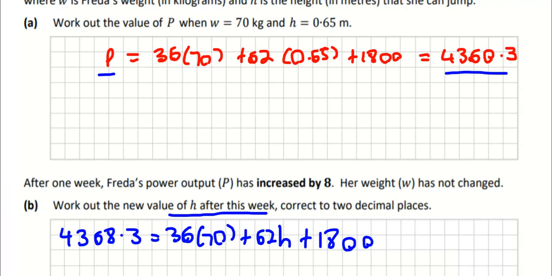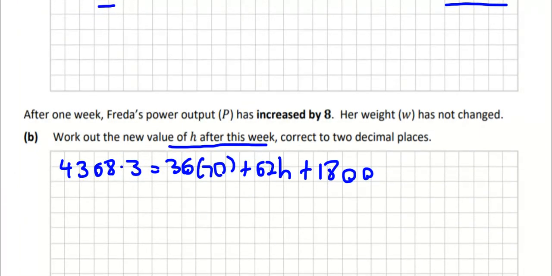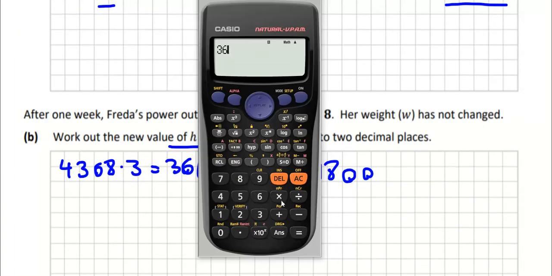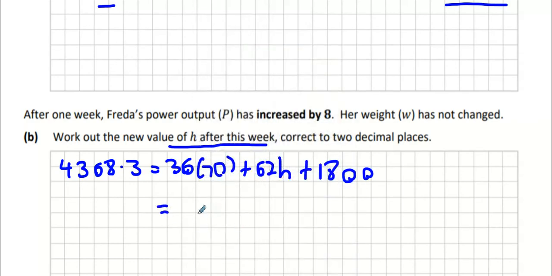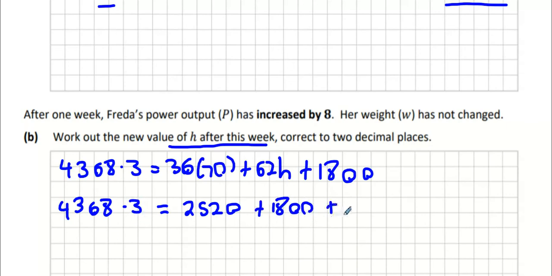Okay, and what we get after that is we're just going to multiply this out. So 36 times 70 is 2,520 plus 4,368.3, plus 1,800 plus 62h.